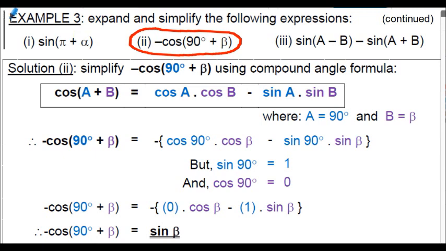Here's example 3. This time we're considering part 2. We've got to simplify negative cos in the bracket 90 degrees plus beta. Here's our solution to part 2. So negative cos 90 degrees plus beta. Here's the compound angle formula we're going to use: the cosine of the sum of two angles.